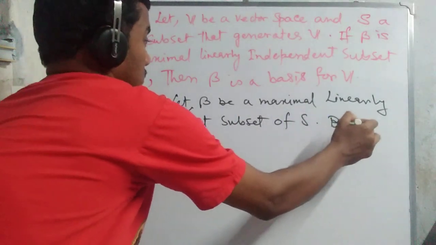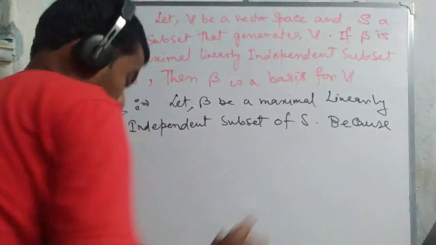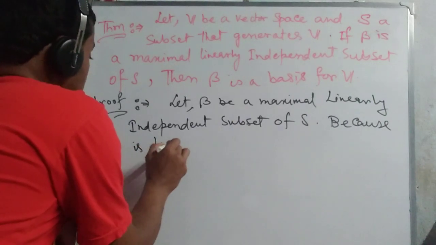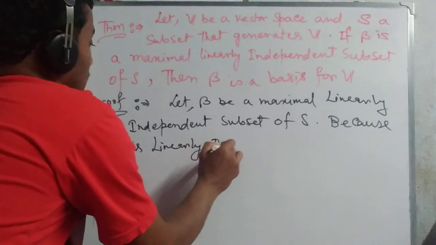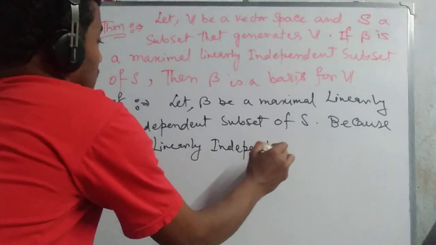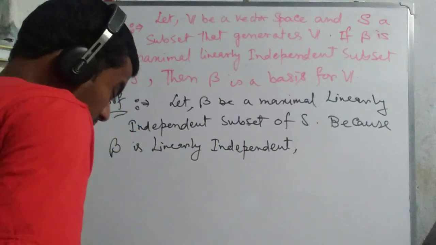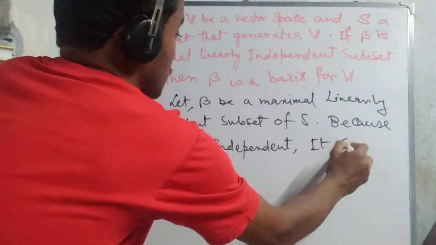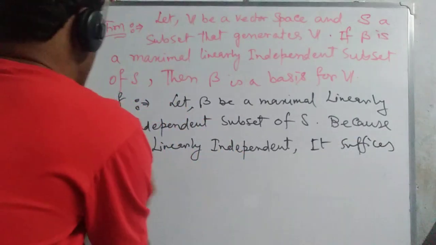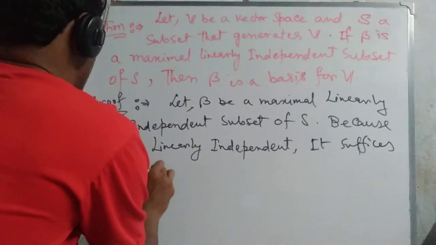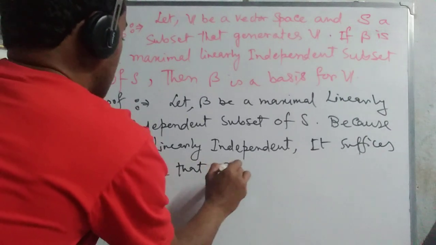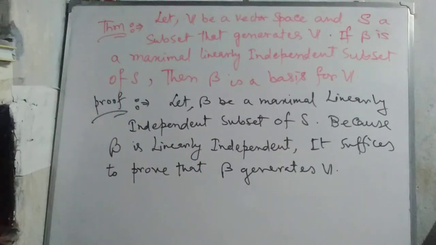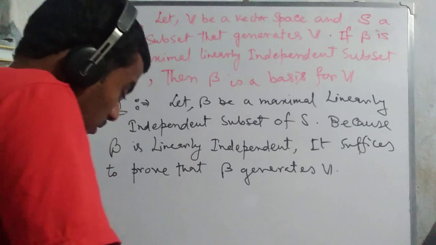Now because beta is linearly independent, then it suffices to prove that beta generates V, okay, understood? Then beta is a basis, not a problem at all.